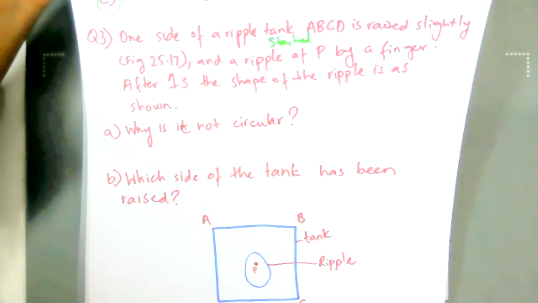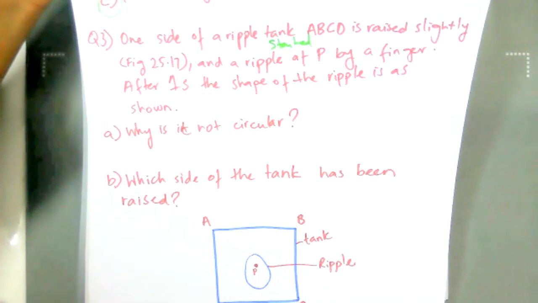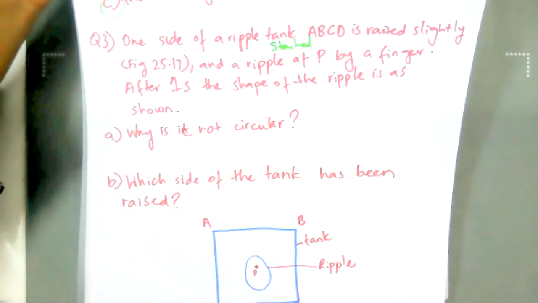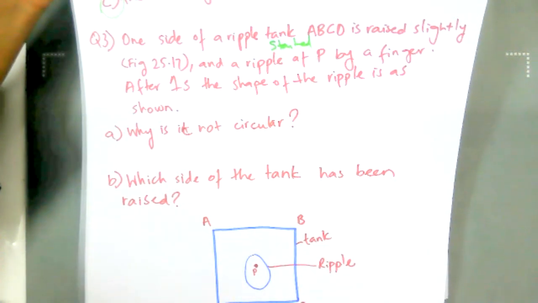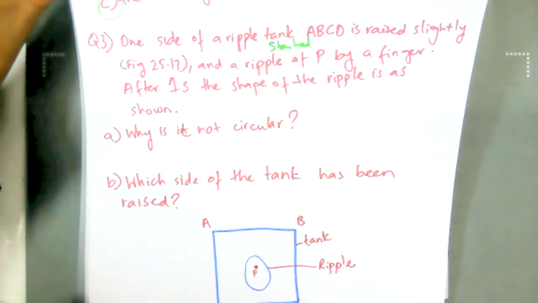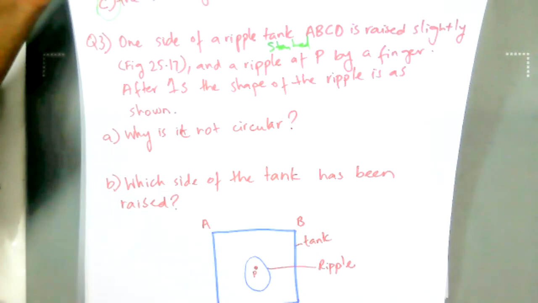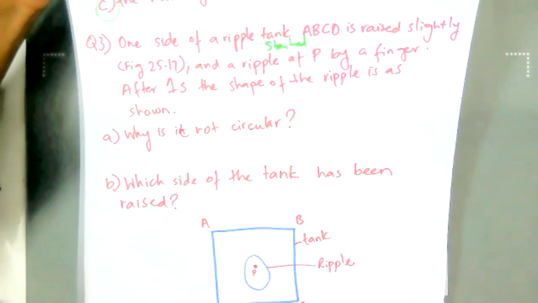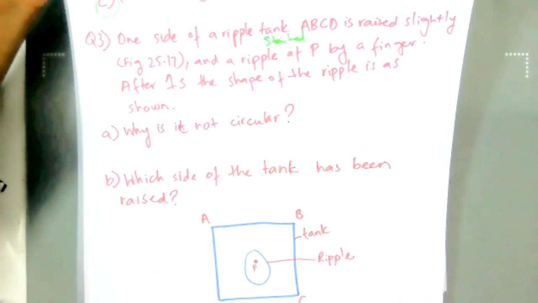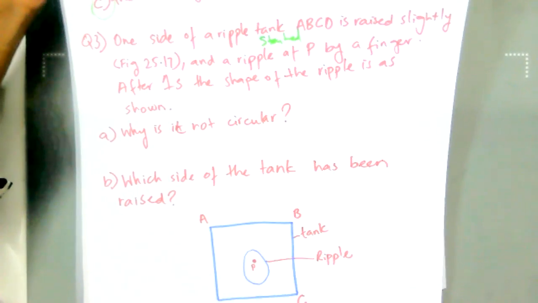I was about to move on to question B, but I think it needs more explanation. See, if you have a square dish of water and you raise one end slightly, I wish I could show you an actual dish filled with water, but use your imagination.